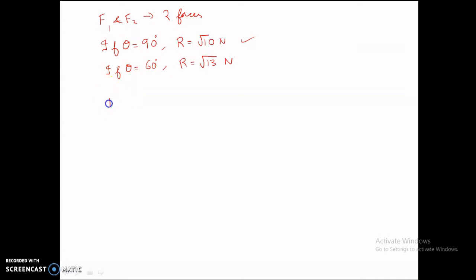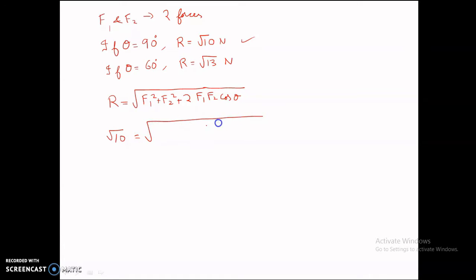So we can consider the first relation. That is, we have the relation R is equal to root of F1 square plus F2 square plus 2 F1 F2 cos theta. This is the general relation. Now we can substitute the values from the first relation. So root 10 equal to root of F1 square plus F2 square plus 2 F1 F2 into cos 90.